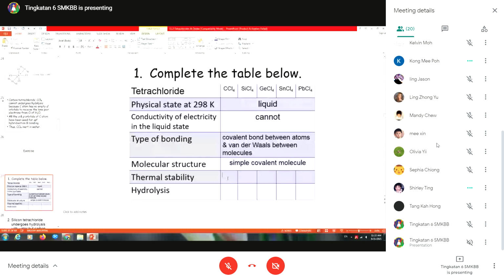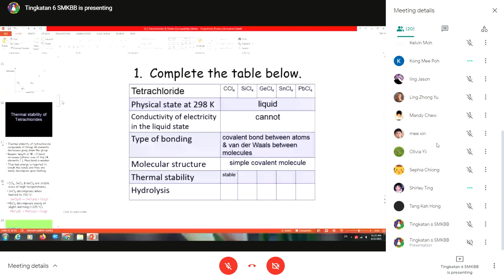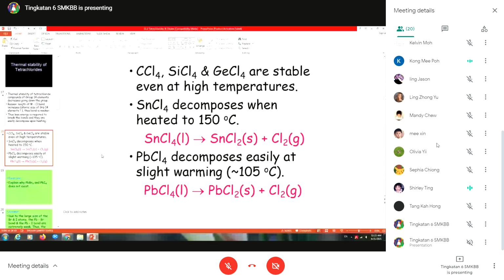SiCl4? Do you get this one? Stable. Well stated clearly. See that, isn't it? Stable even at high temperature means even if you heat them, they're not going to decompose.